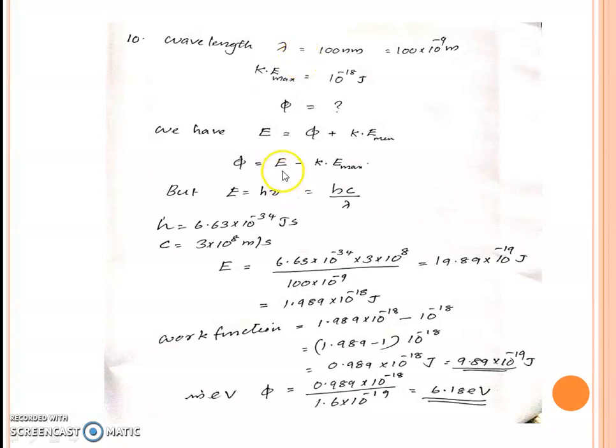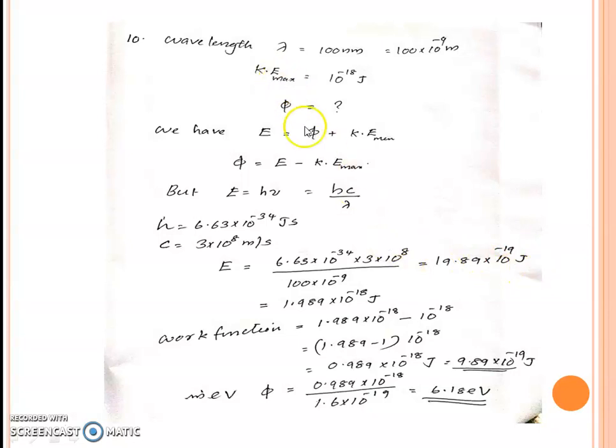So, we can calculate E using the relation hc by lambda. h is given, c is also given. So, E equal to h into c by lambda, that is 6.63 into 10 raised to minus 34 into 3 into 10 raised to 8 by 100 into 10 raised to minus 9. And by solving this, we will get E as 19.89 into 10 raised to minus 19 joule.